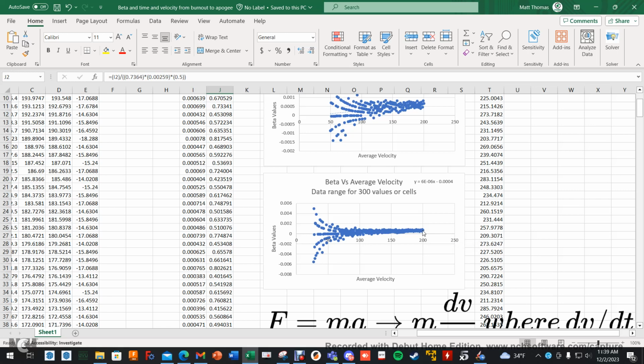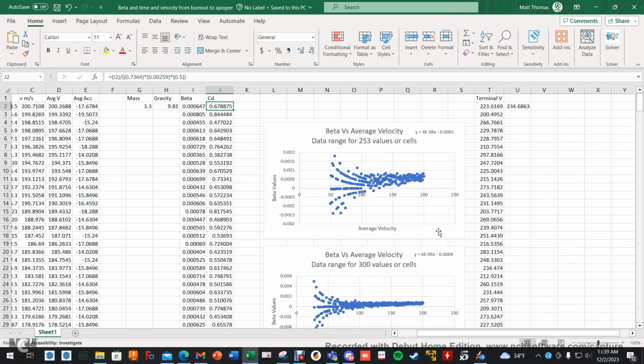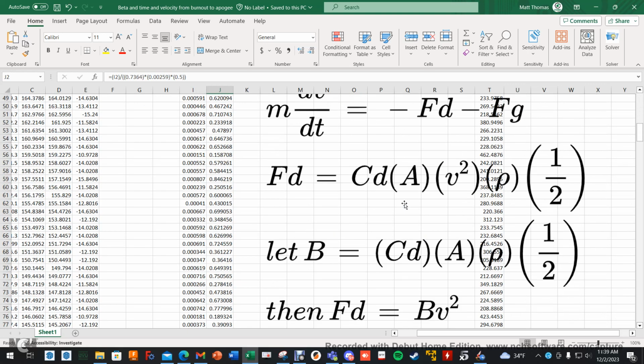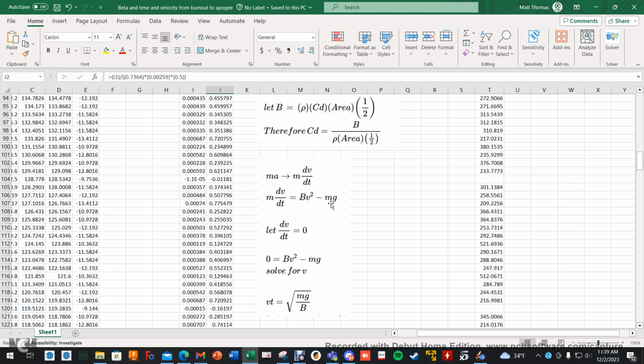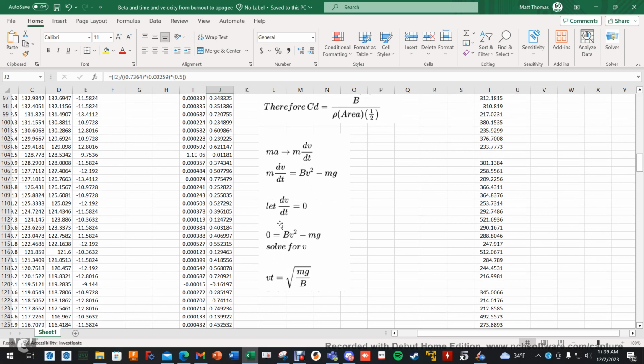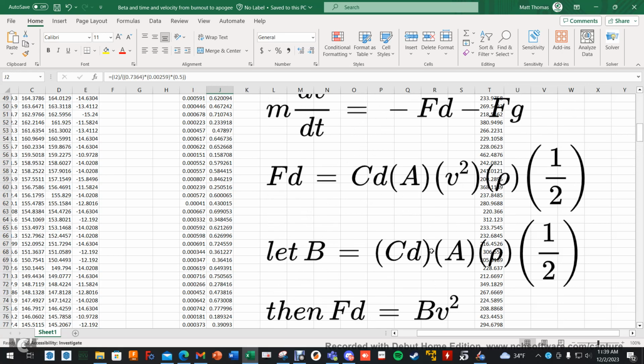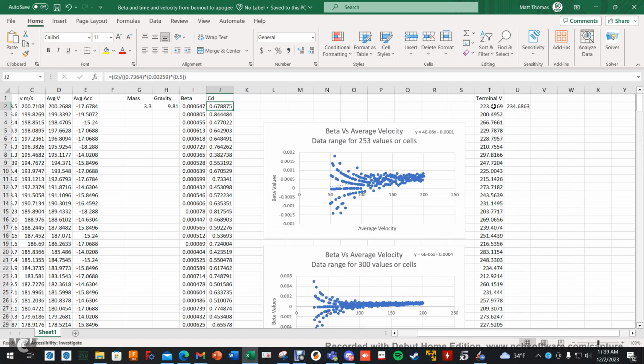Okay, so this number right here is actually our terminal velocity, which is this equation. Mass times acceleration goes back to our quadratic drag again. Let the change of acceleration be 0, and then solve for v, and that's going to be our terminal velocity, which is the square root of mass times gravity over our beta values, which is all right here.